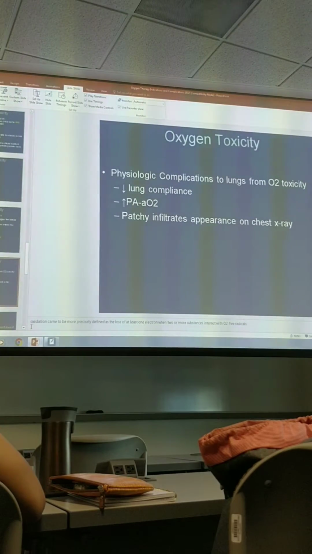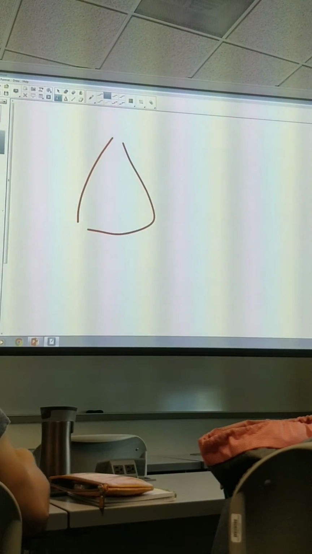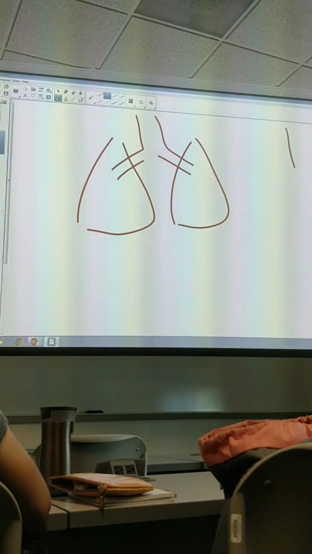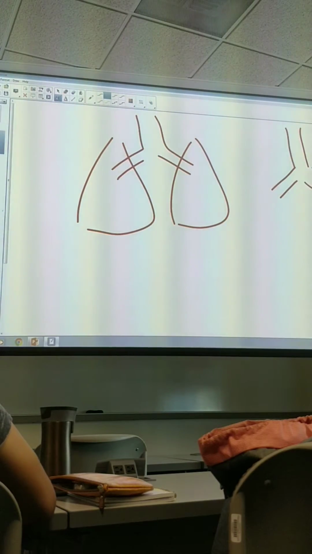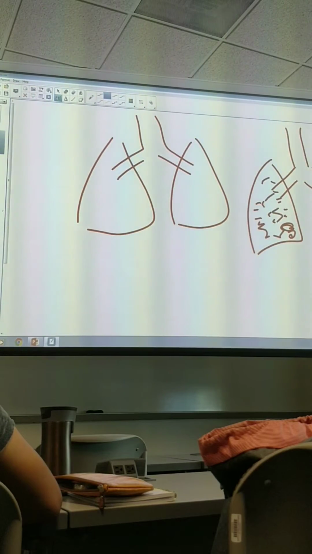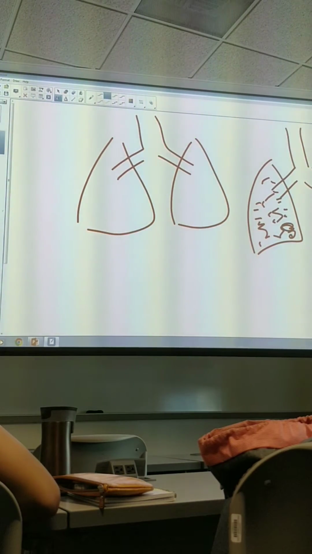And then, along with that, when this happens, instead of the lungs on X-ray looking nice and black with air on the inside, they become patchy infiltrates, meaning you see white stuff all the way throughout the lungs, meaning these lungs are consolidated with fluid or collapse. So that nice black area in the lung is going to look like white patches all over, telling you there's no air in there.